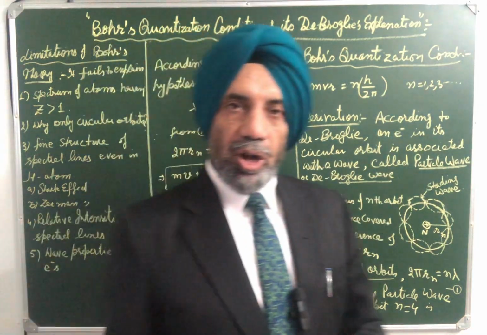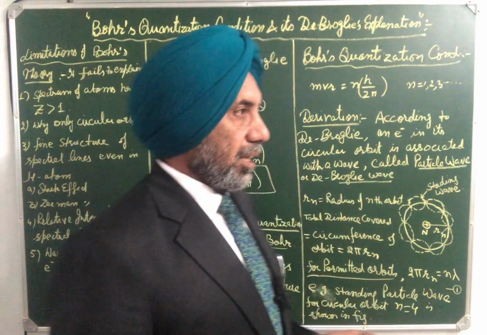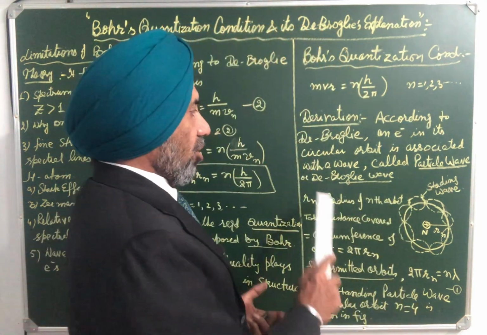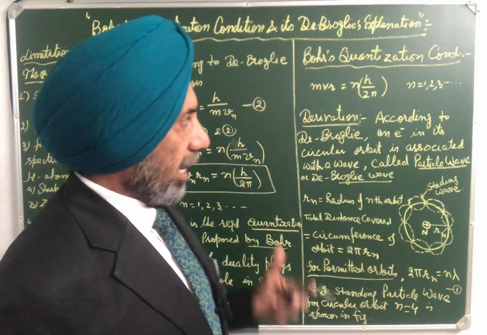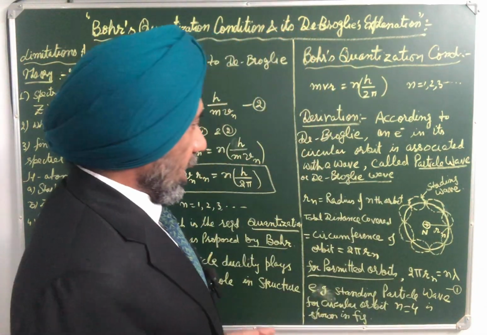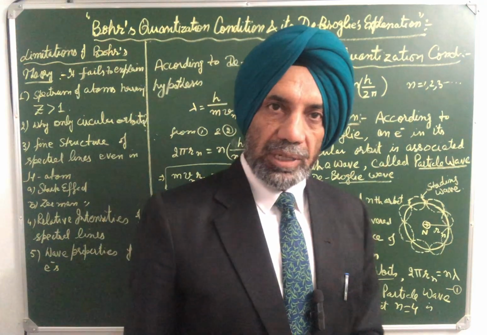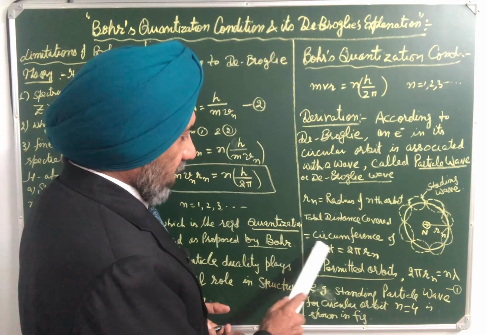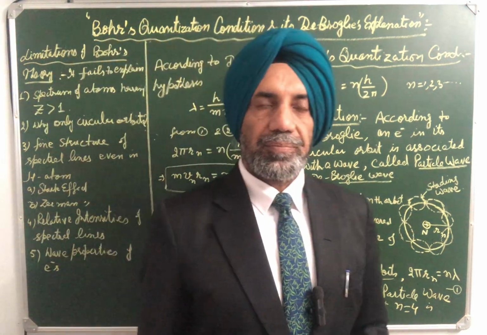Similarly, an electron revolving around the nucleus in a circular orbit must also be associated with a wave called particle wave or de Broglie wave. If Rn is the radius of the nth orbit of the electron, then the total distance covered to form the wave is equal to the circumference of the circular orbit, 2 pi Rn.